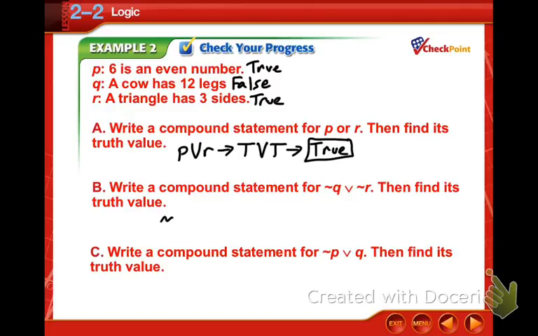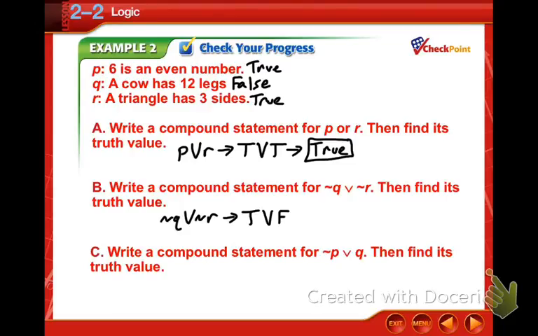So not Q or not R. Q is false, so not Q is true. R was true, so not R is false. Now, here's where it gets different than and statements. Ors are, if you want your cake or ice cream, if you just get cake, then you're happy because you said you want one of the two.